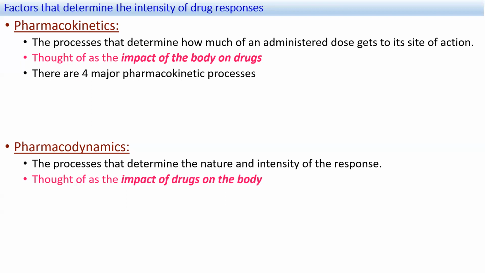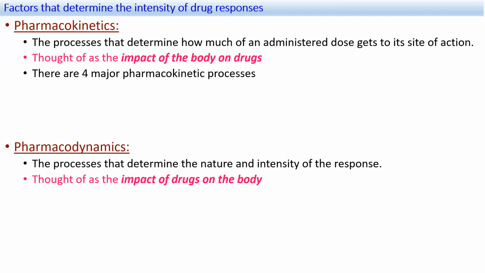Drug receptor interaction, because any drug to elicit the effect has to do some type of interaction with the receptor. We call that drug receptor interaction. There are some drugs, maybe not too many, where the action of the drug will result without receptors, so it's receptorless.